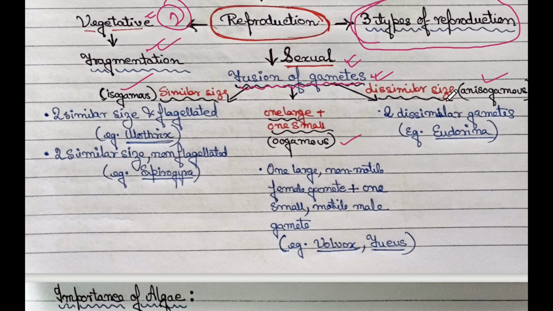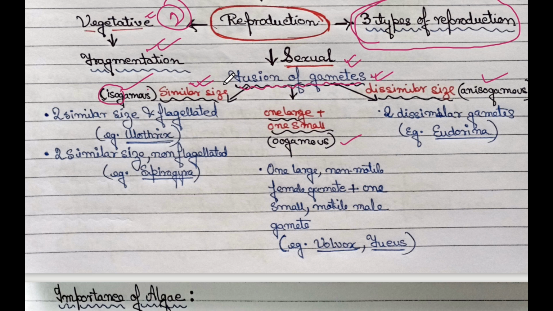Okay. So what do we remember hearing the word iso? Gamous comes from gametes. So that part is clear. Iso means similar. So here two similar sized gametes are fused.